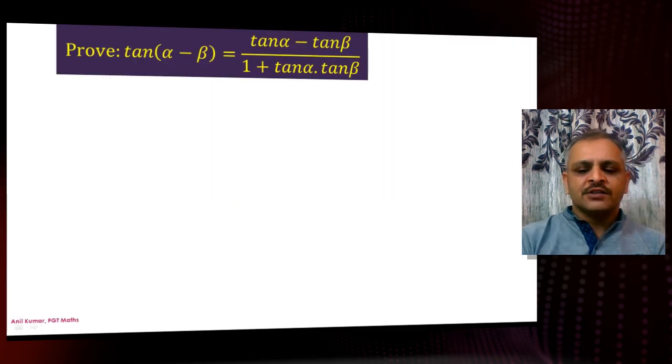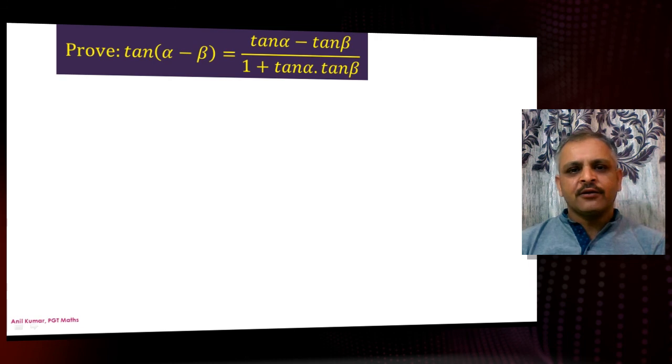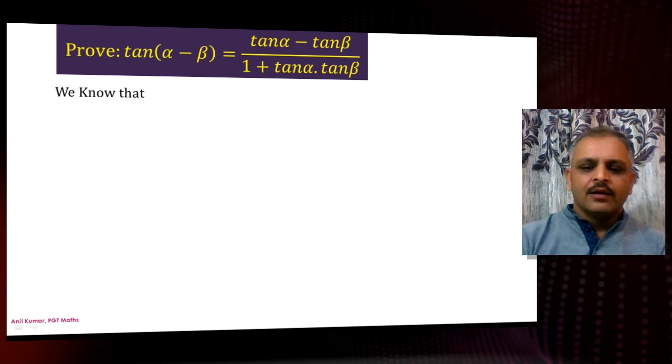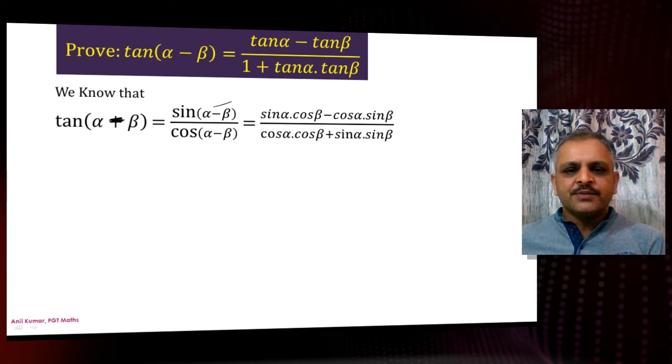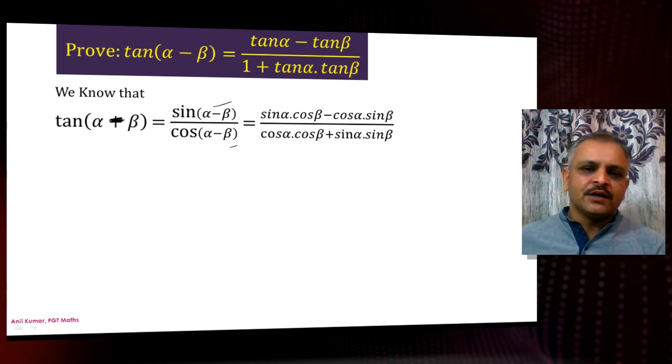Now we will use this result to find tan(alpha minus beta), as we did with sin(alpha minus beta) and cos(alpha minus beta). Replace this beta with minus beta, that is one of the ways. Another way, directly we can say that tan(alpha minus beta) is equal to sine(alpha minus beta) upon cos(alpha minus beta).